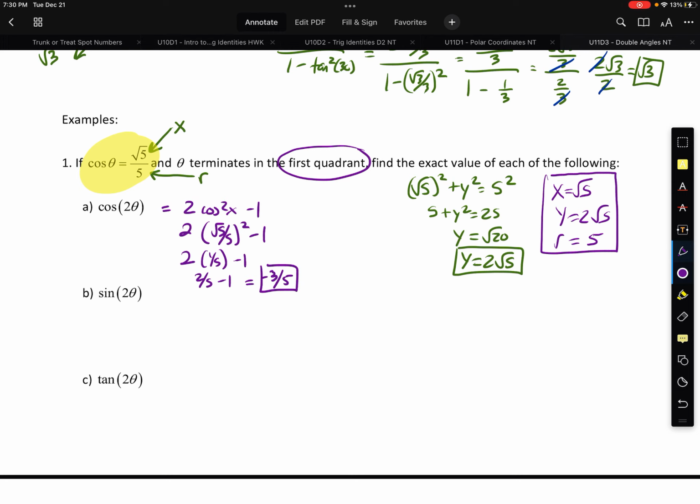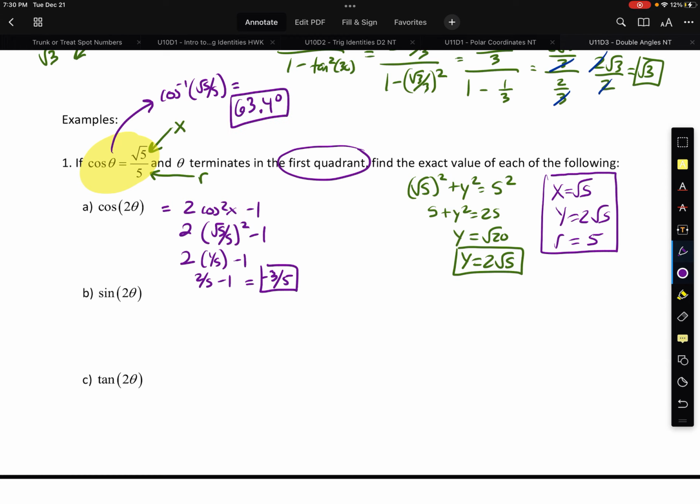And the idea here is that theta is an angle. If I were to do inverse cos of rad 5 over 5, inverse cos rad 5 divided by 5, I get 63.4 degrees.